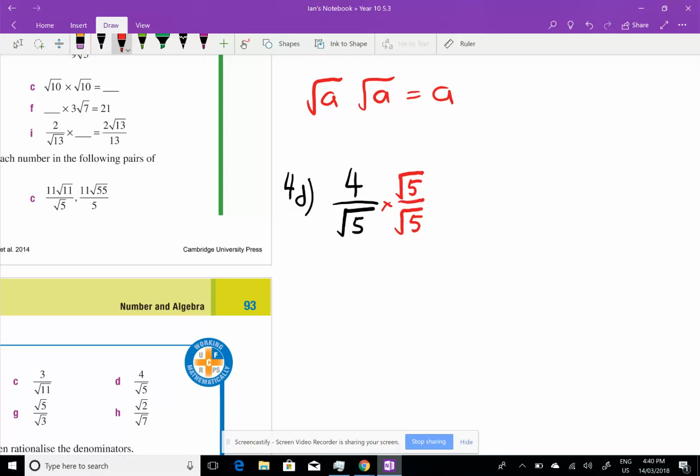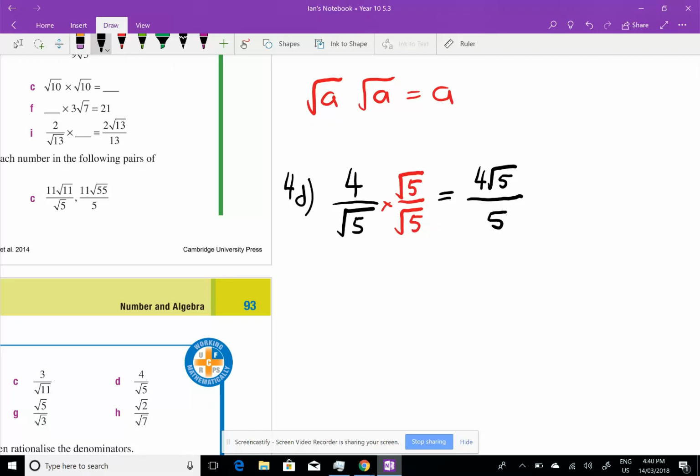And I hope you realise that multiplying by root 5 on root 5 is the same as multiplying by 1, which doesn't change anything. When you multiply something by 1, you don't change it. So on the top, I get 4 root 5. But on the bottom, I get root 5 times root 5, and I get 5.